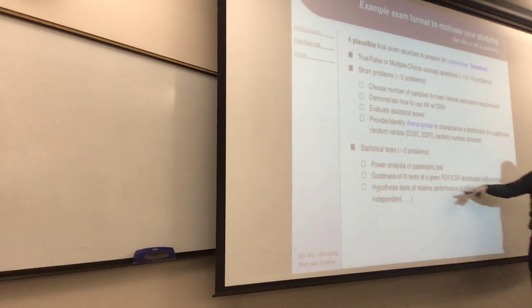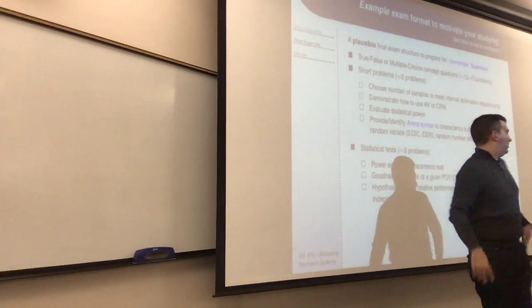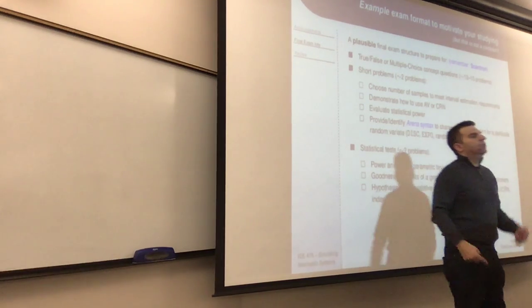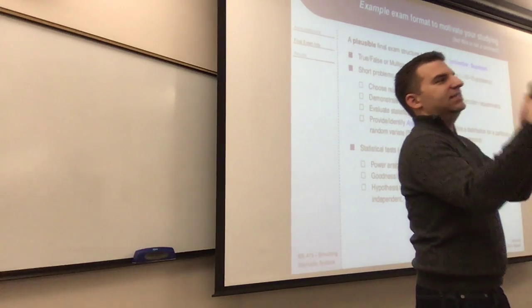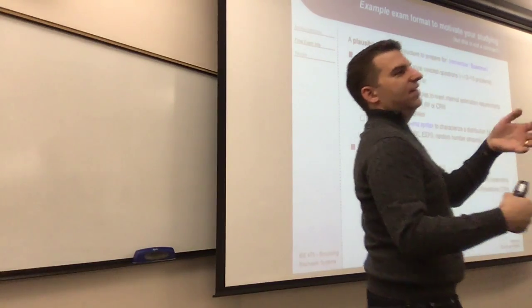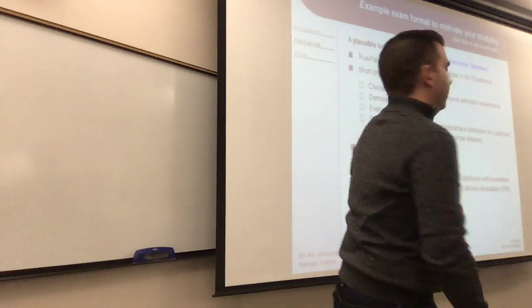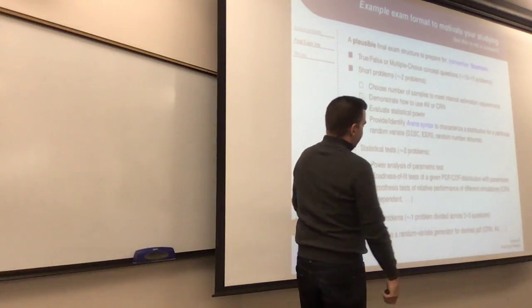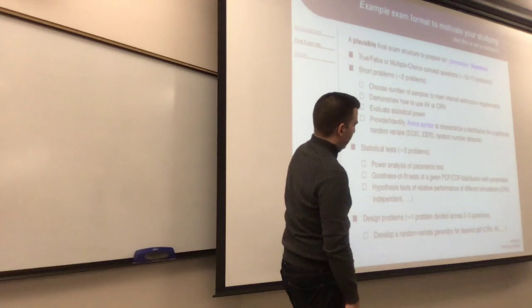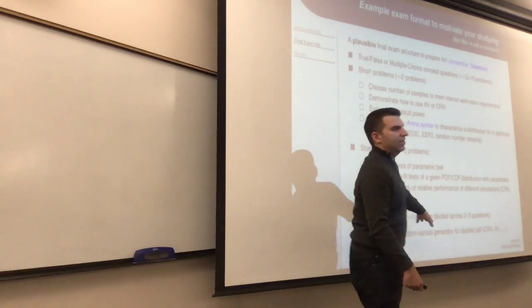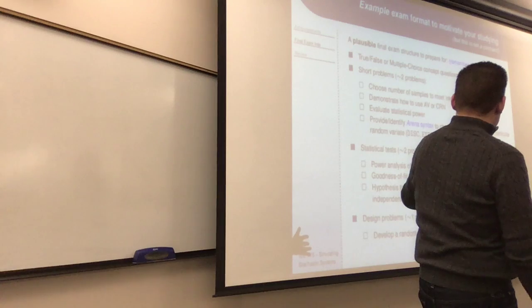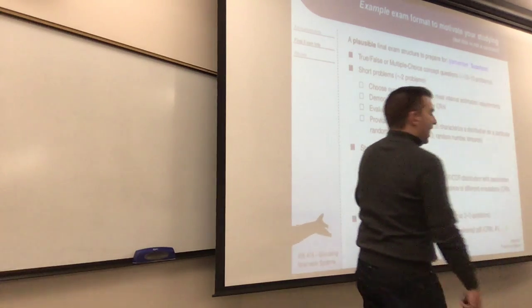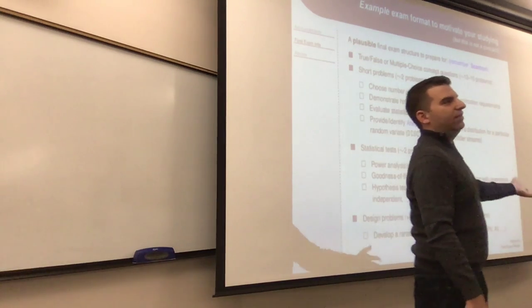Hypothesis test of relative performance. Can you do a basic paired t-test? If I gave you a CRN situation, would you know to subtract and then take the differences and then do a very basic t-test of, are these 5 differences significantly different from 0? And then maybe one design problem where I say, design a random variate generator. Here is a desired CDF. Here are some random numbers.